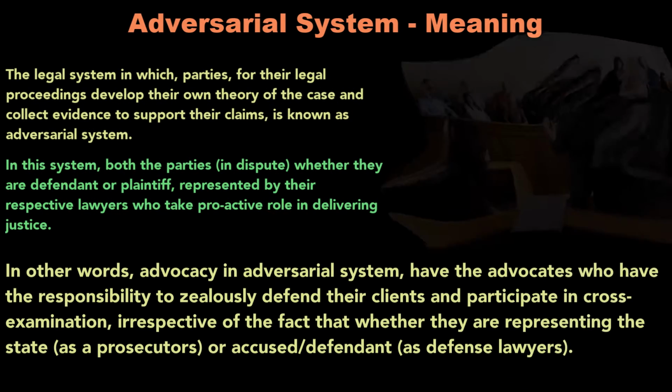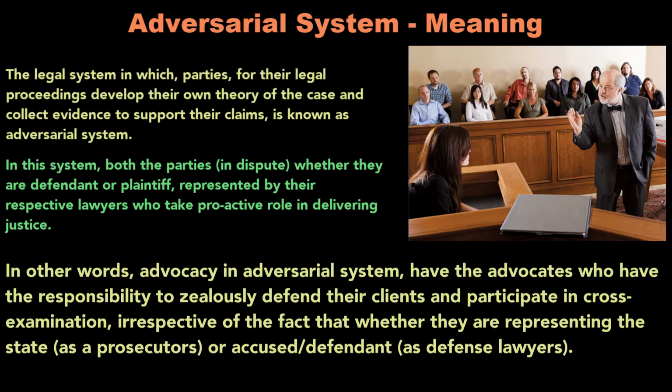In other words, advocacy in the adversarial system has advocates who have the responsibility to jealously defend their clients and participate in cross-examination irrespective of whether they are representing the state as prosecutors or the accused as defense lawyers.